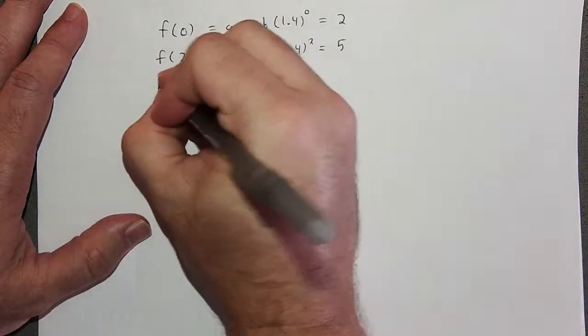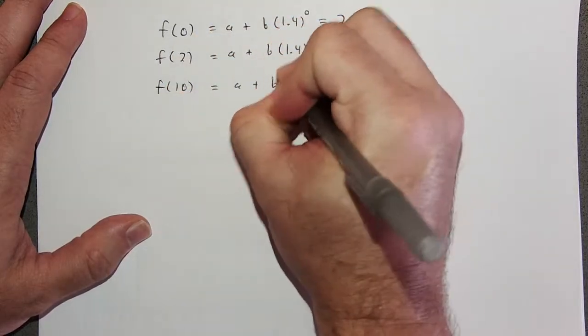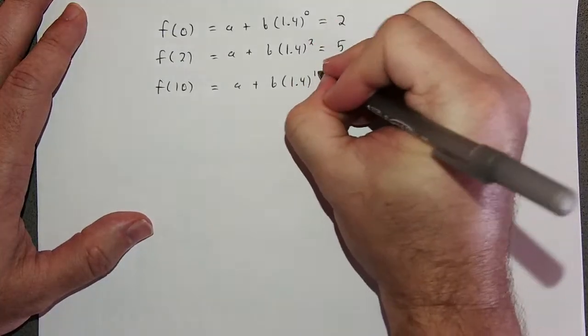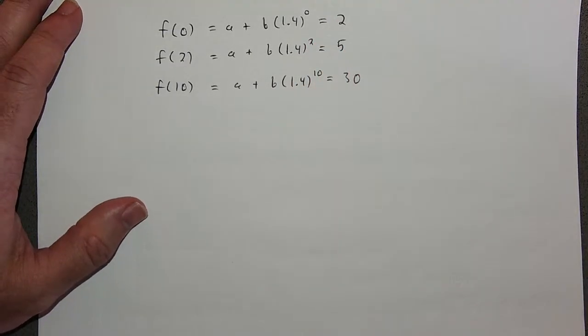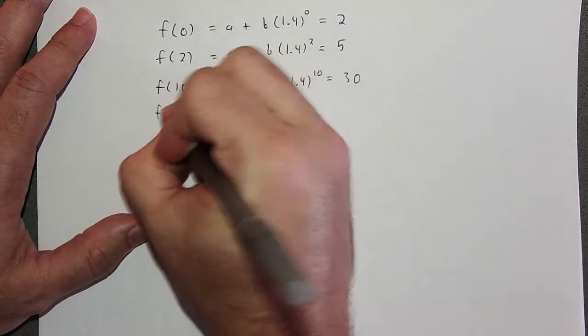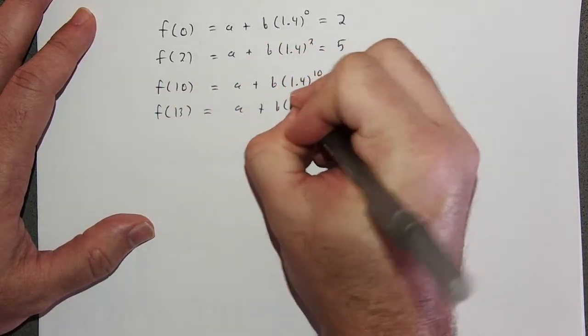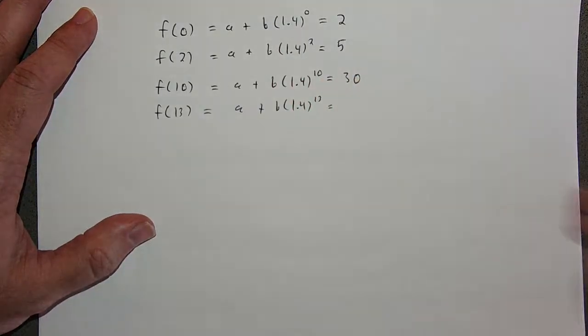Okay, f of 10 is going to be a plus b times 1.4 to the 10, and that is equal to 30. And then f of 13 is a plus b times 1.4 to the 13, and that is equal to 75.